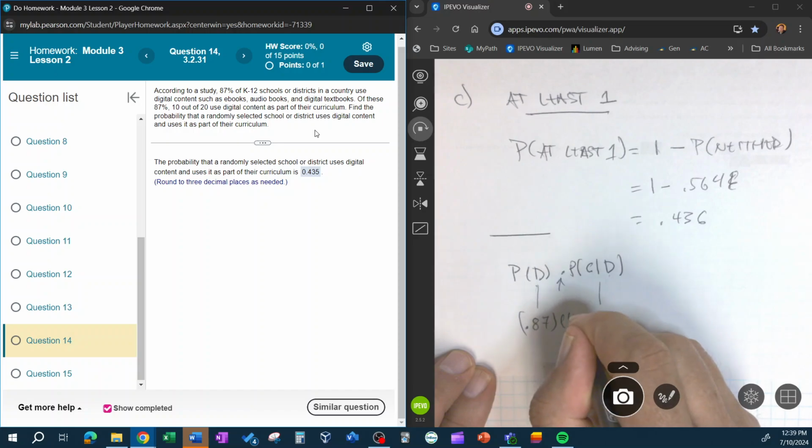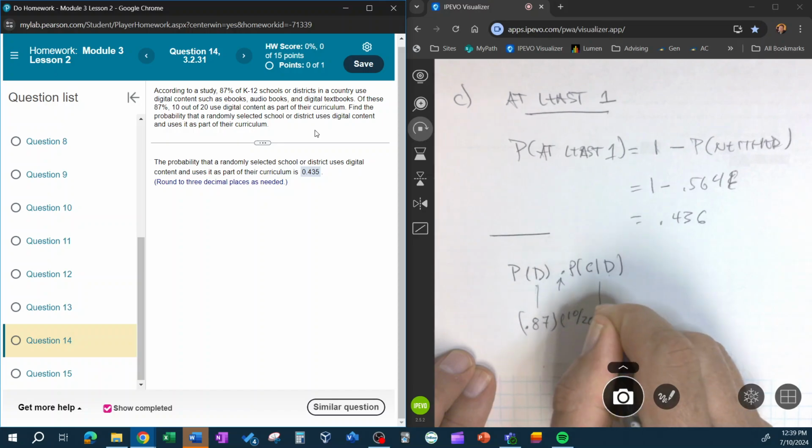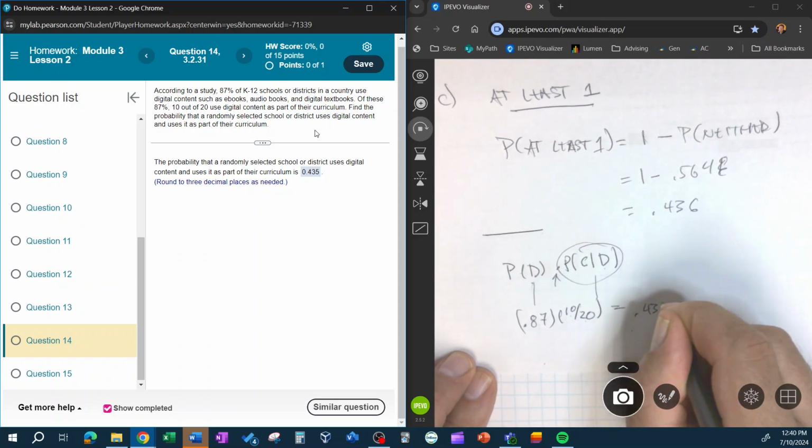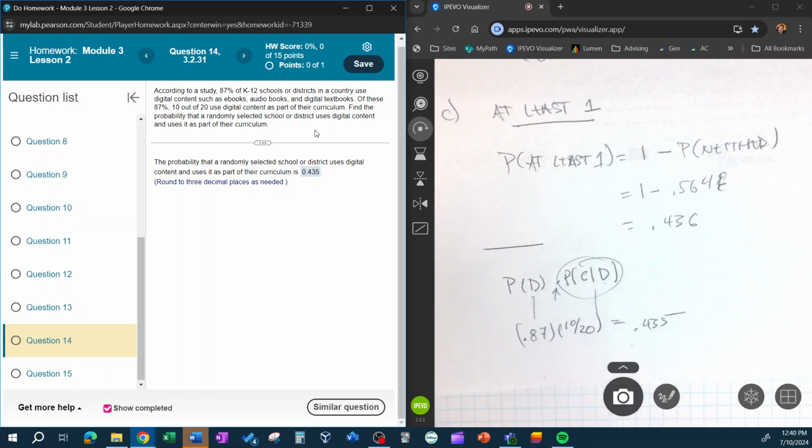So it's just going to be 10 out of 20, right? So if they're in this group, then half of them, 10 out of 20, use it as part of their curriculum. So if you do that math here, it's 0.435.